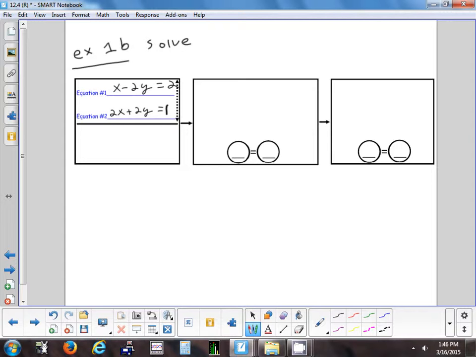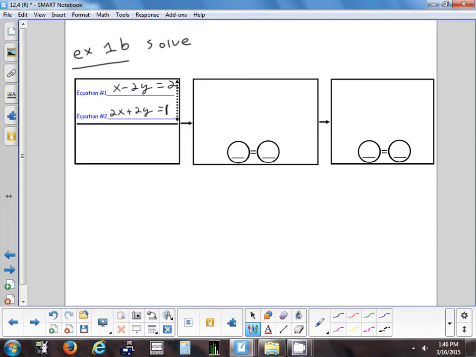Okay? All right, so looking at example 1B, anybody think they see something up there where you've got same number, same letter, opposite signs? Look and see, do you have that right now? Which letters? Negative 2y and positive 2y. Right, negative 2y and the positive 2y.